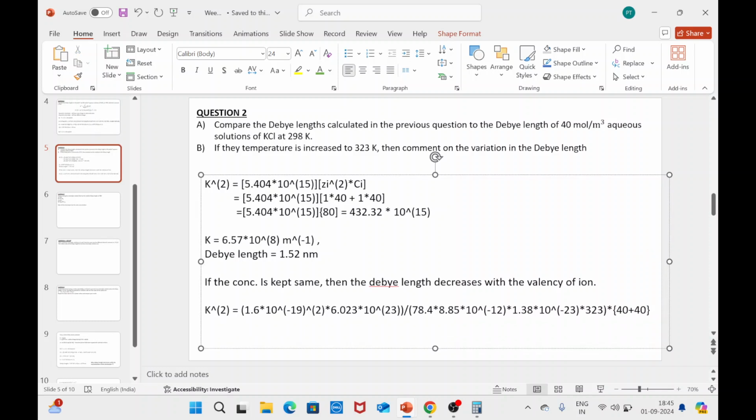Now we need to calculate this expression. Please calculate along with me. Since this is a big expression, I'm going to use my personal calculator. Here again, as it is an aqueous solution, you can keep the dielectric constant as 78.4.